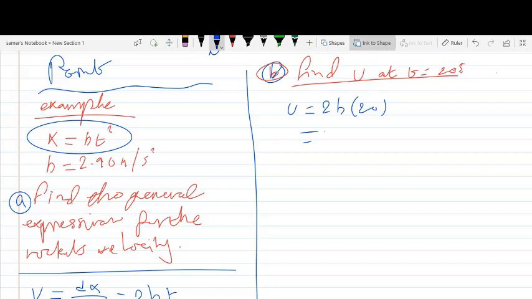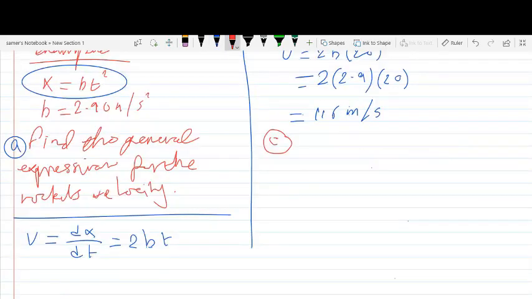This is equal to 2b, which is 2.9, times 20. This is 116 meters per second.